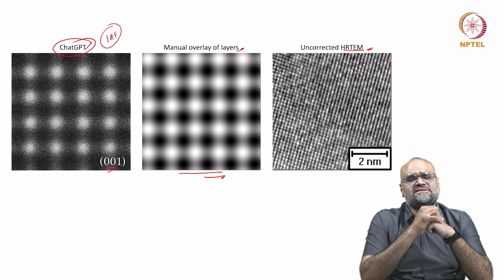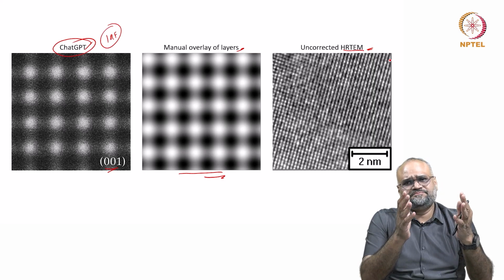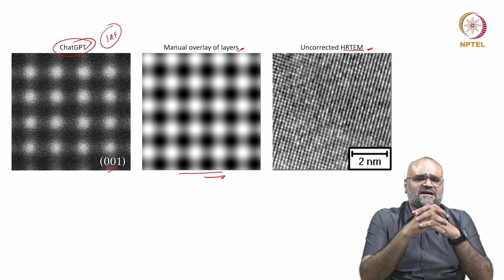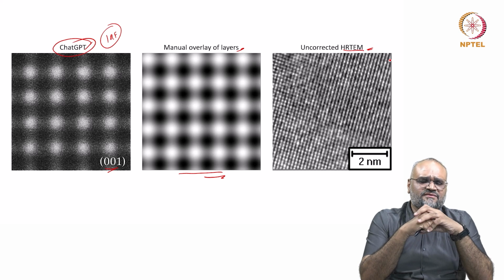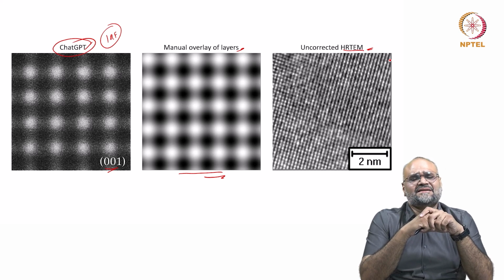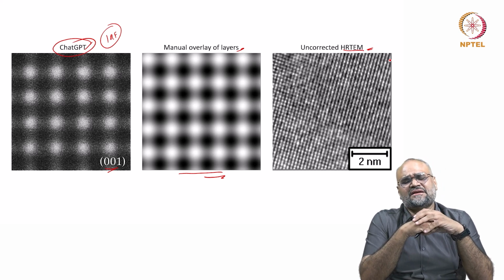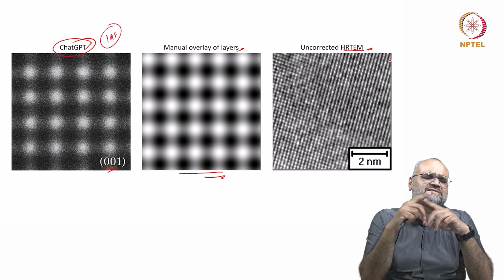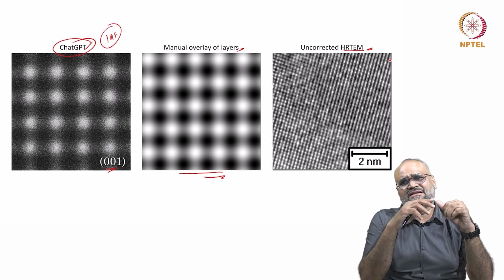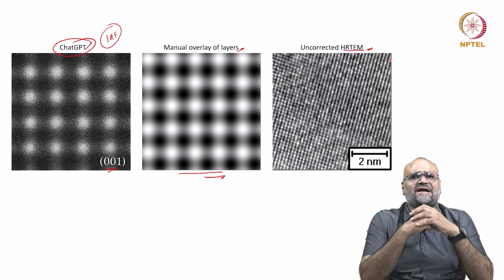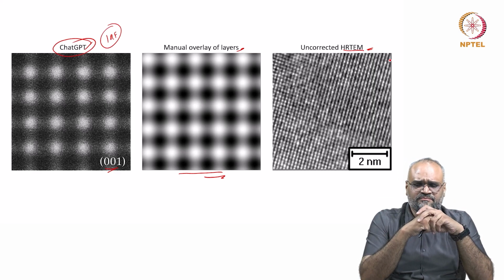As a consequence of the errors that we have, as a consequence of the lens aberrations, you can induce a phase shift, and the phase shift can be visualized in terms of the contrast transfer function. And this contrast transfer function is dependent on the specimen thickness, it is dependent on the defocus, and we've seen how the contrast varies as the defocus values are changed.